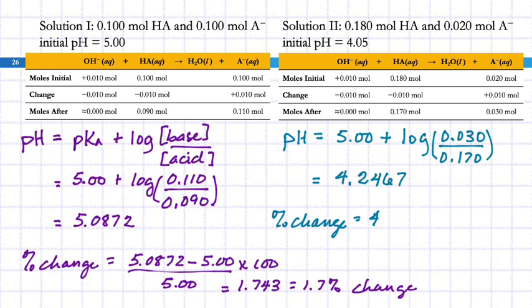So I'm going to take the new pH and I'm going to subtract the original, which was 4.05 here. And here we get 4.9% change.